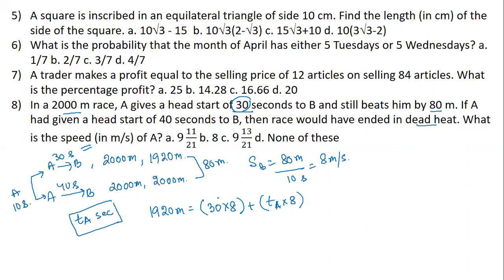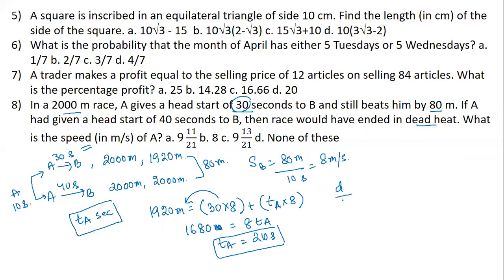So 1920 minus 240, which is 1680 meters, is equal to 8 TA. Remove the meters from here. So TA would be equal to 210 seconds. So the time taken by A to complete the race is 210 seconds.